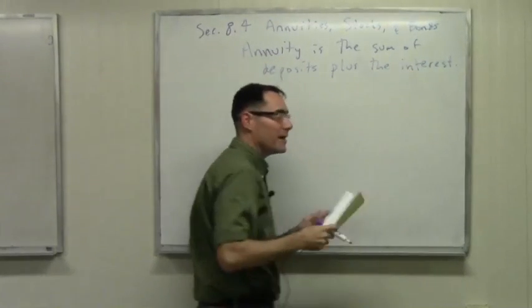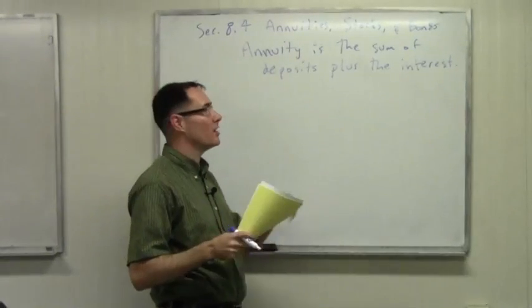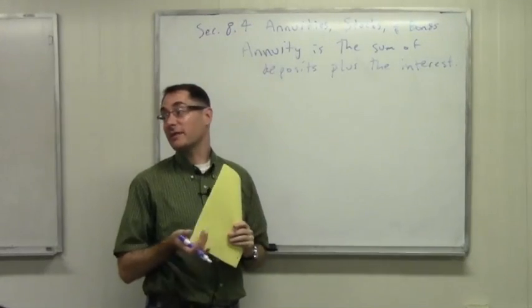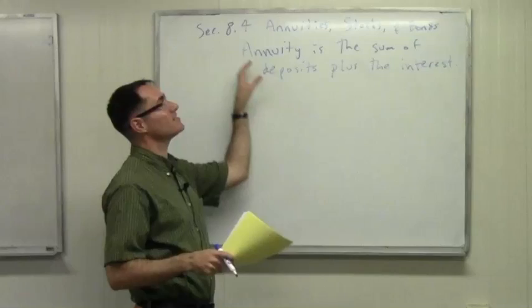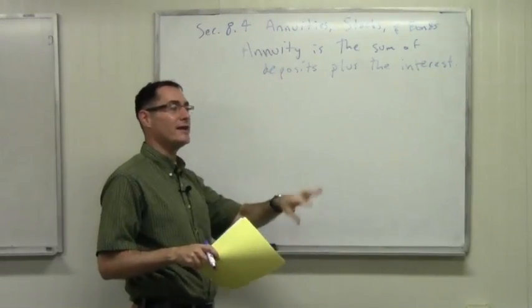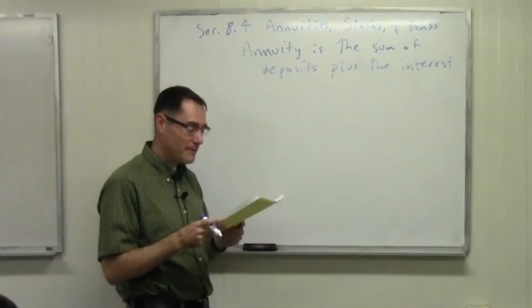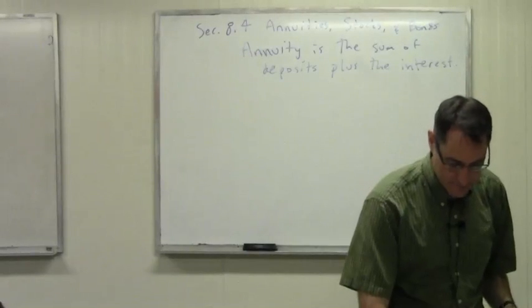And anytime you have payments that are regular, this is what it's called, an annuity. We also have regular payments for things like mortgages or loans, but we'll get to that in the other way. This is the good kind, like monthly payments, where you put money away and it's gaining interest, and then eventually you get to retire or whatever. The formula for an annuity is also on your sheet.